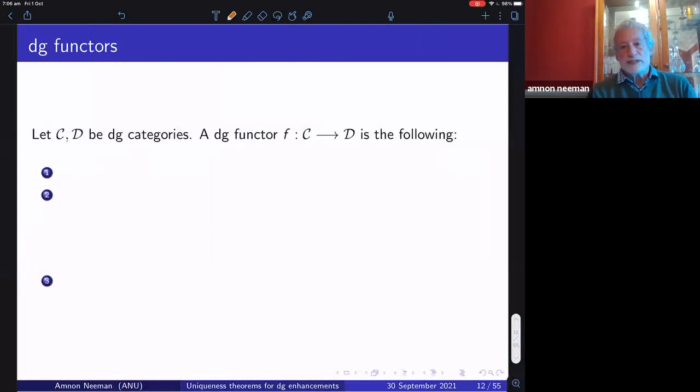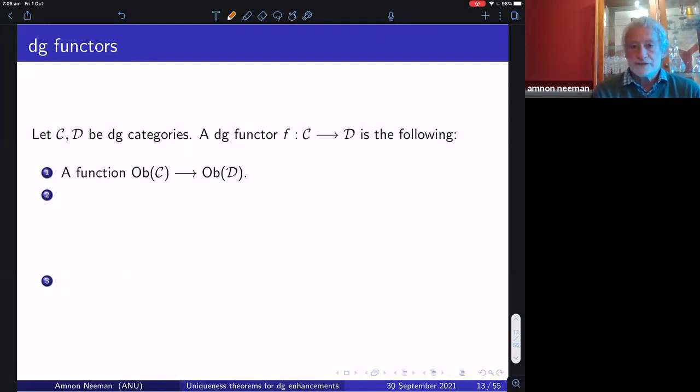And now the next concept is that of a DG functor. So a DG functor is a functor respecting all the structure. So it has to give a function on objects.